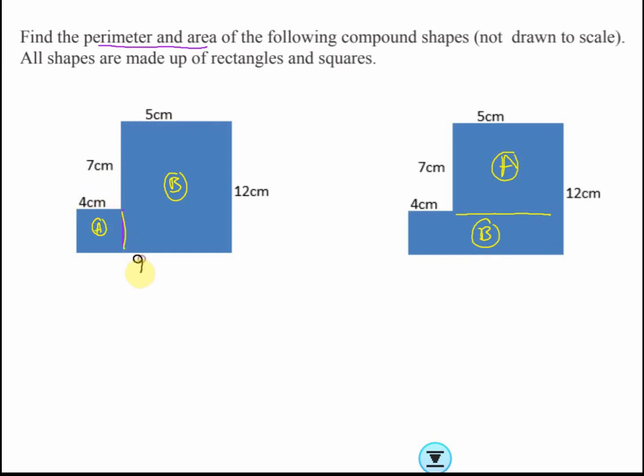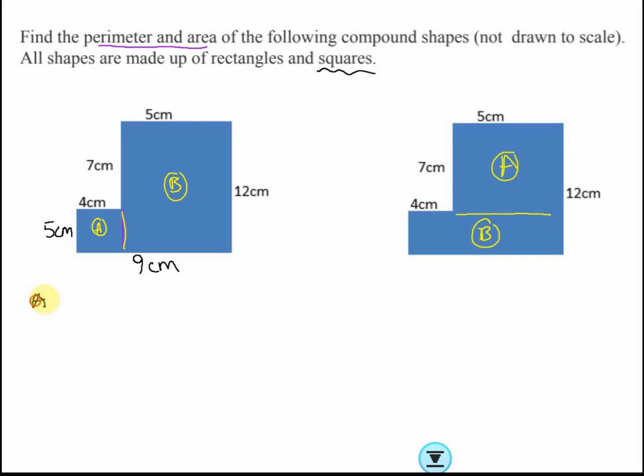It's going to tell me the entire length here is 9. Now what about this bit? So we've got 7 add something is 12. So this must be 5. Which tells me this in fact is a rectangle even though it looked like a square. So please don't fall for that.